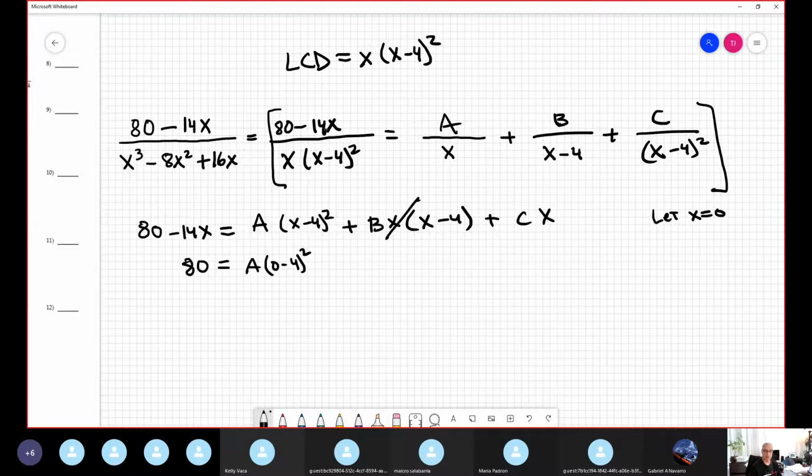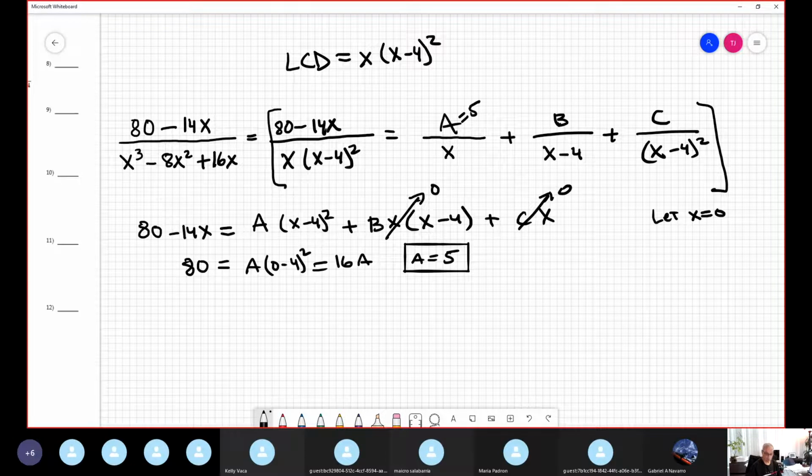And this is cancelled, and this is cancelled, because 0 times something is 0. Negative 4 squared is 16, so it's 16A. Therefore, A is 80 divided by 16, which is 5.